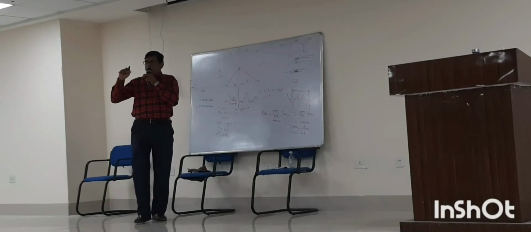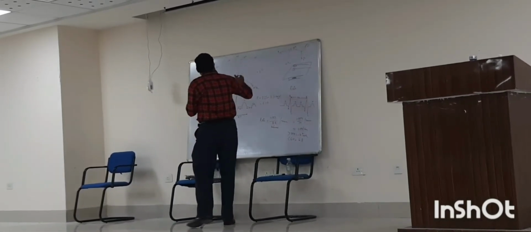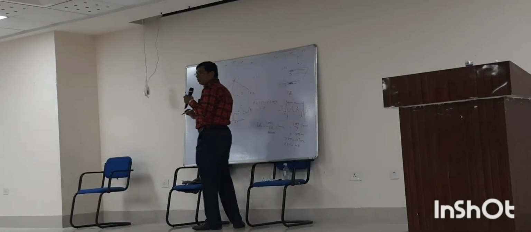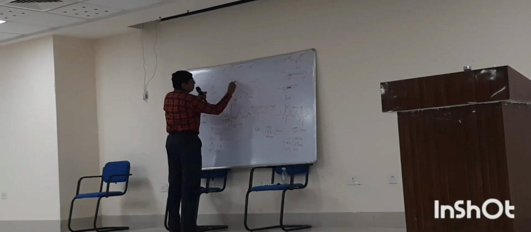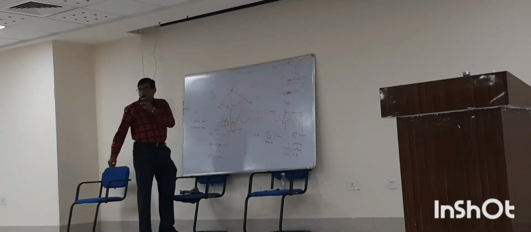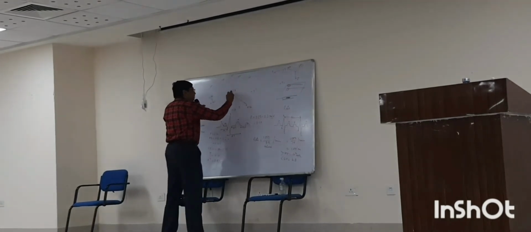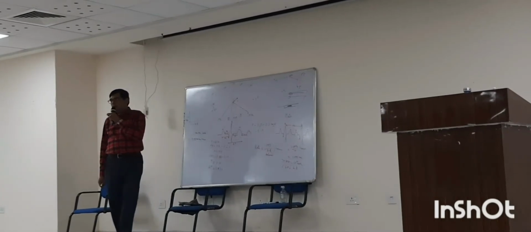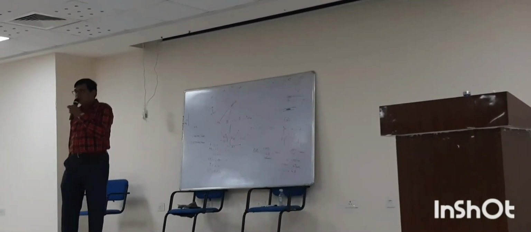Now you have to draw a perpendicular from this point. Draw a perpendicular from this point. The point where they intersect is the mean electrical axis. This is the electrical axis.